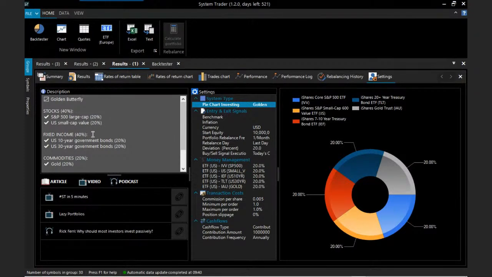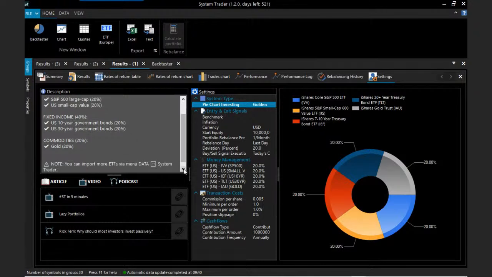Then we have 40% fixed income bonds, and we have commodities, which is gold, 20%. So in fact, it's very simple to build such a portfolio, and you can put together 5 ETFs, and here are the tickers of these ETFs from the American stock exchanges. So if you have access to American ETFs, that's basically all you need to replicate such a portfolio on a real account.